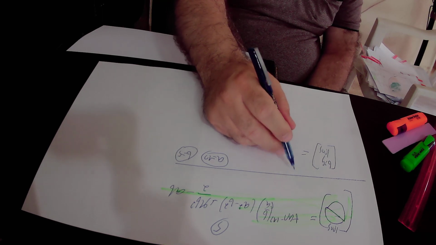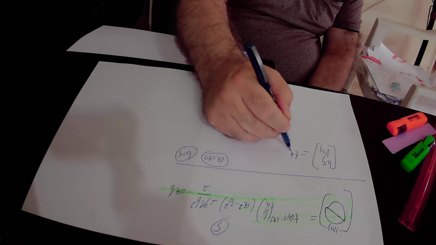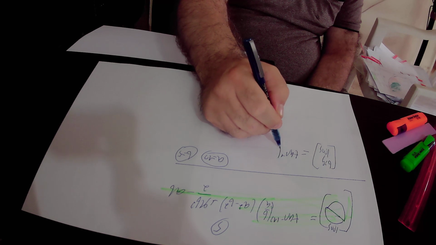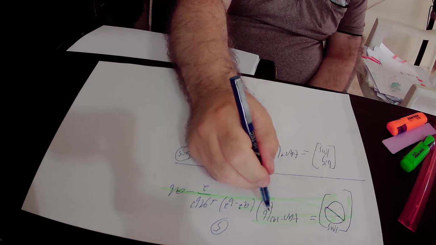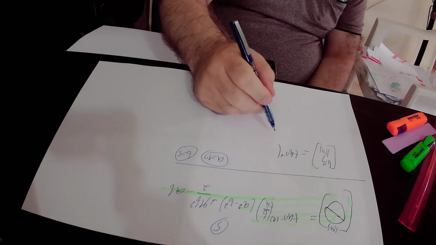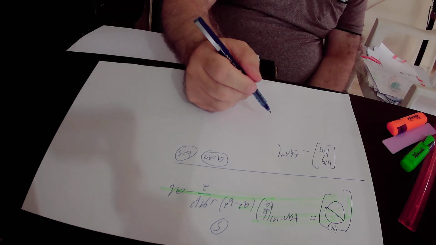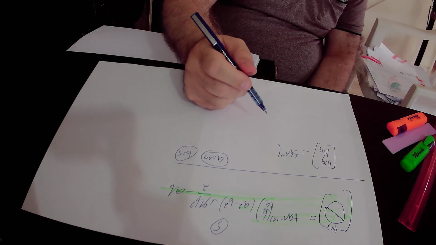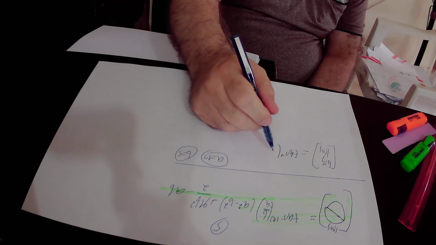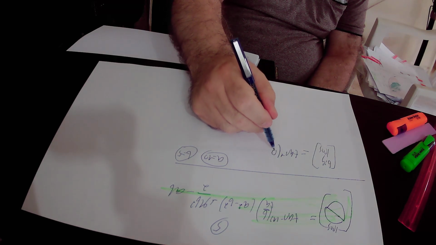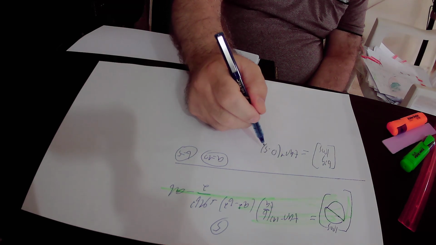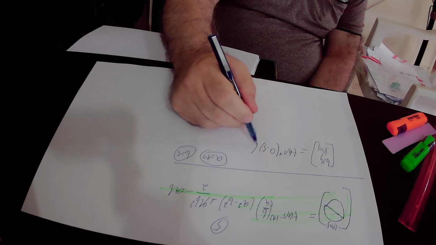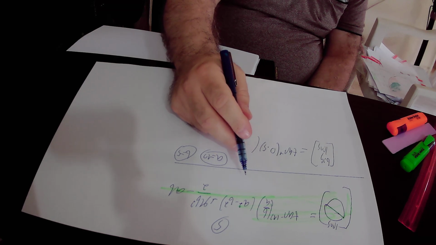So here we'll get tangent minus 1 of B over A. B is 5 and A is 10, so 5 over 10 is 1/2, and 1/2 is 0.5. Times A squared.